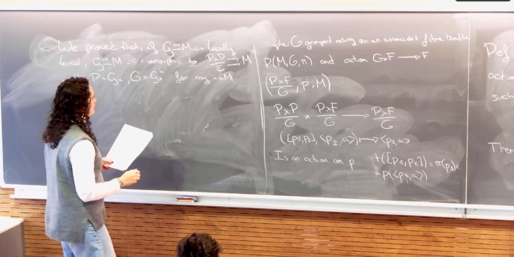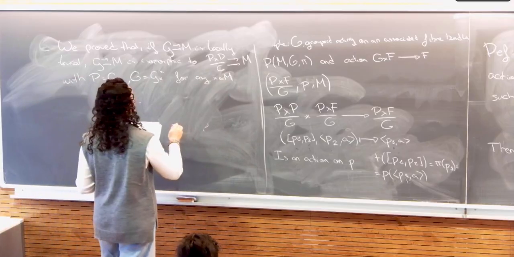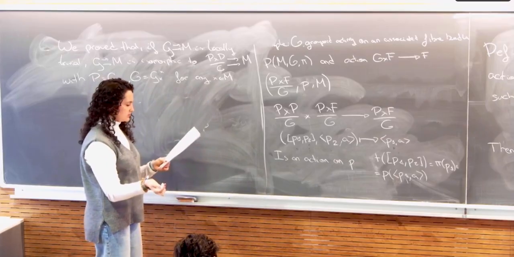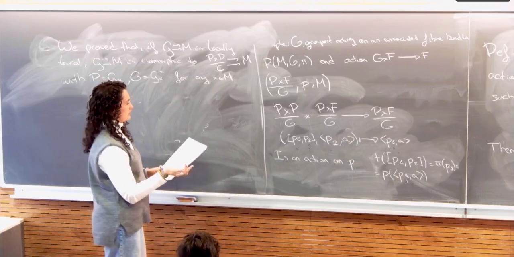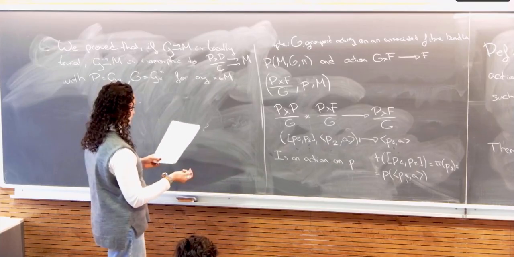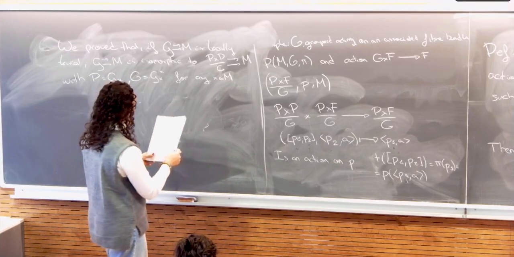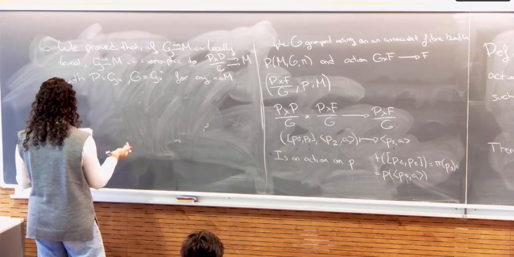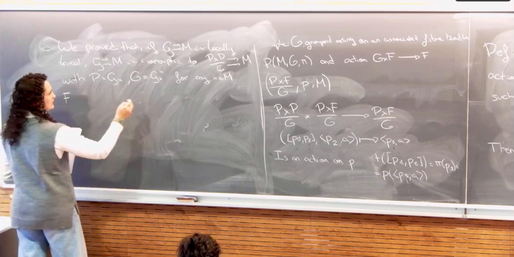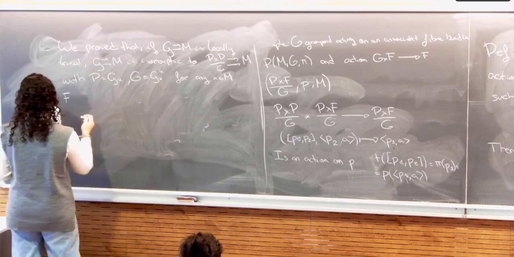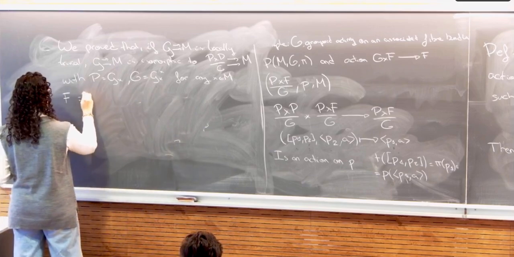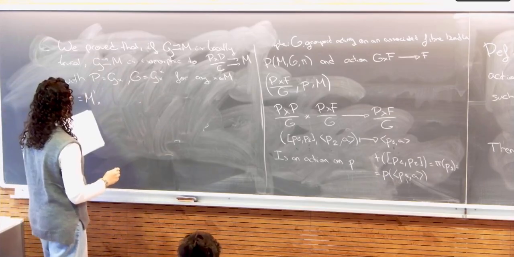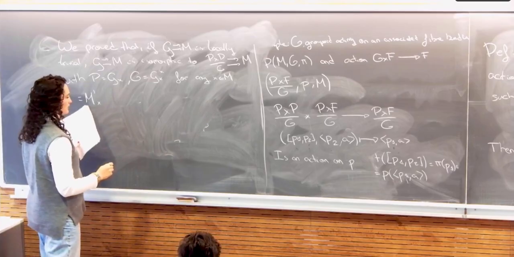So we have already seen that this groupoid acts on the fiber bundle associated to the action of the group on a manifold. So if there is the associated manifold that this group is going to act on, it is going to be the fiber of the N prime.